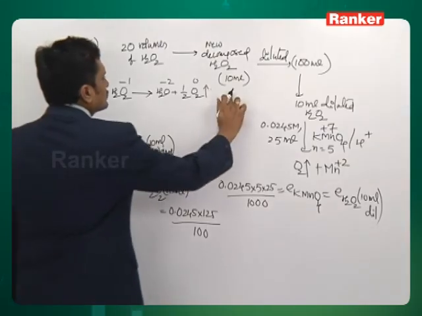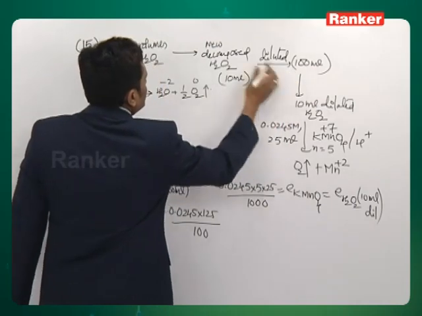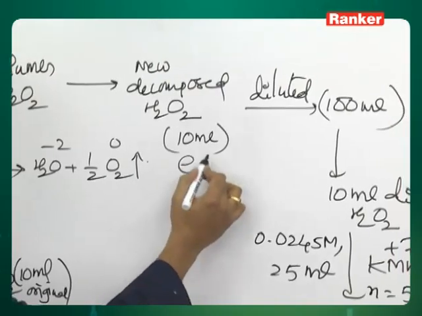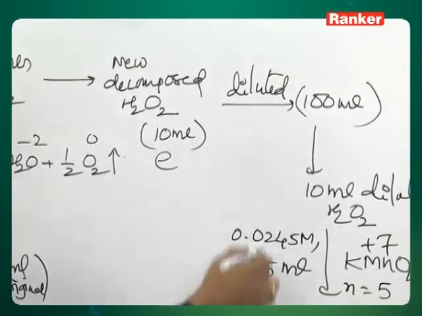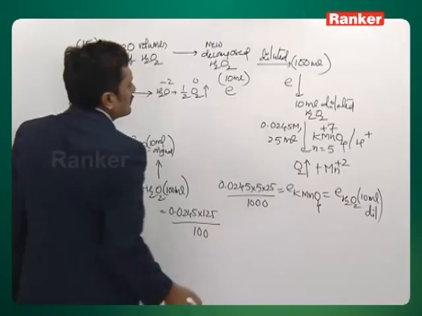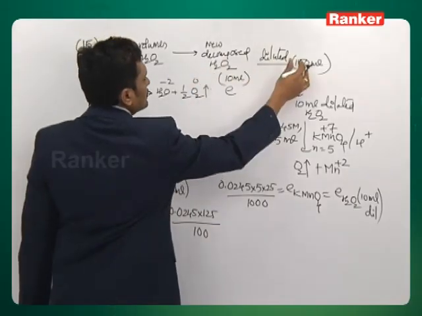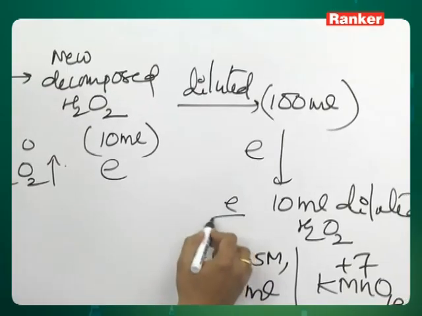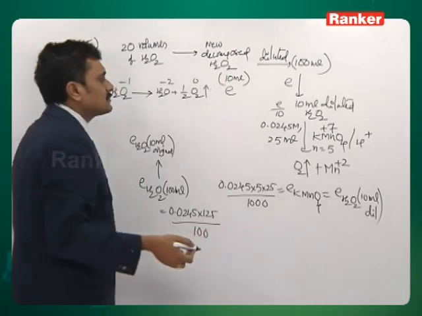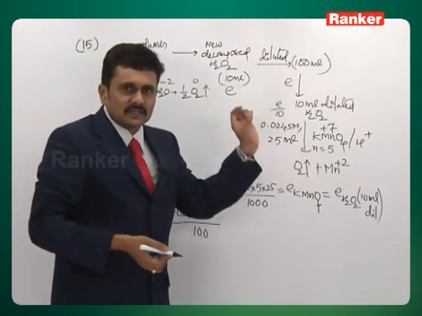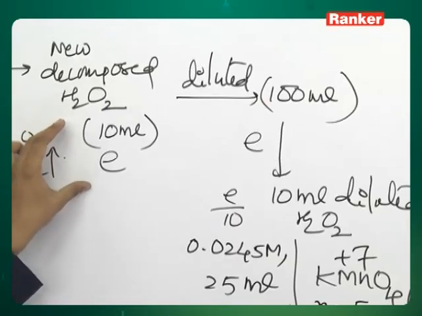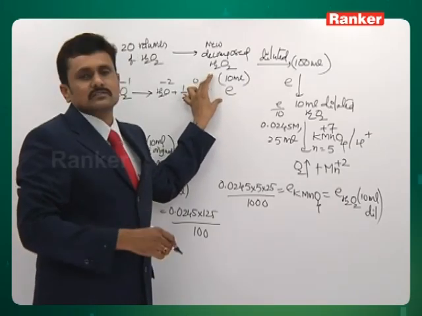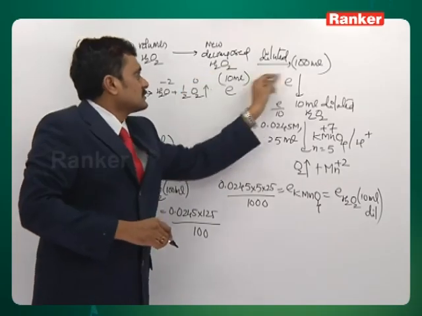I mean to say this solution has equal equivalents. Suppose I assume that the equivalents of H2O2 over here are E, here it will be E as well, because upon dilution the gram equivalents do not change. Whereas when you pick some amount from it, it will become 1/10 of it, because you have picked up 10 ml of dilute solution from that. I am repeating here, the gram equivalents, or gram moles, do not change upon dilution.